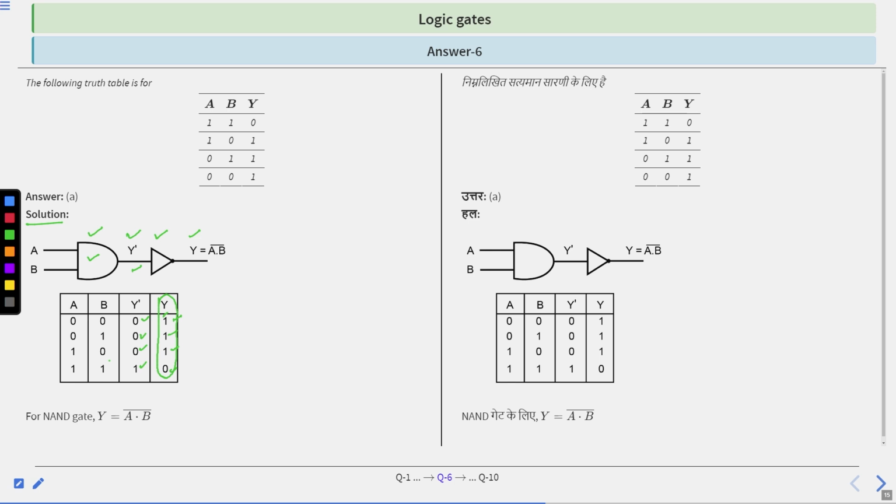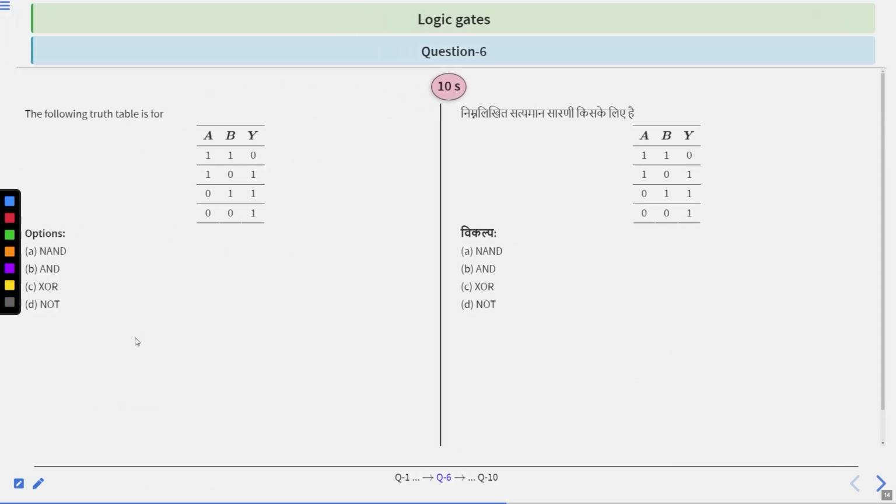This matches the given truth table. Clear? So the correct answer is option A. This is the output of the NAND gate, Y equal to (A dot B) complement. This one is the correct answer. So option A is correct. Clear?